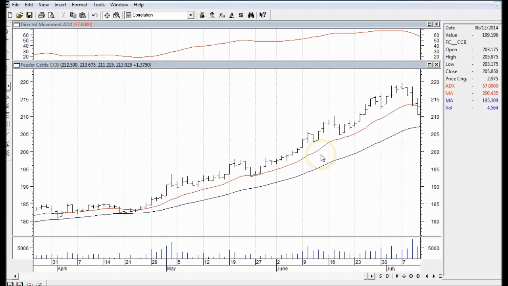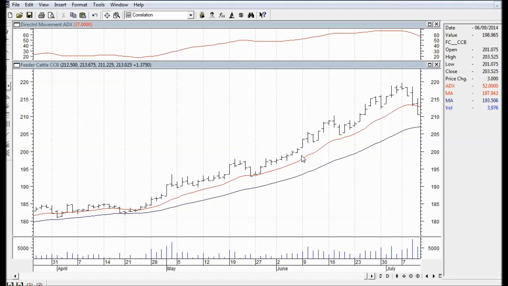The final piece of the puzzle here is that we can also look for day trades using an opening range breakout type of strategy when this ADX reading is pretty strong and there's a clear uptrend. Just the fact that we have a clear uptrend and a strong ADX suggests that we've got some bias in one direction.